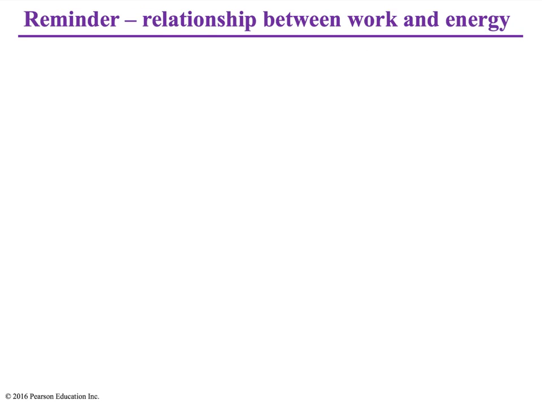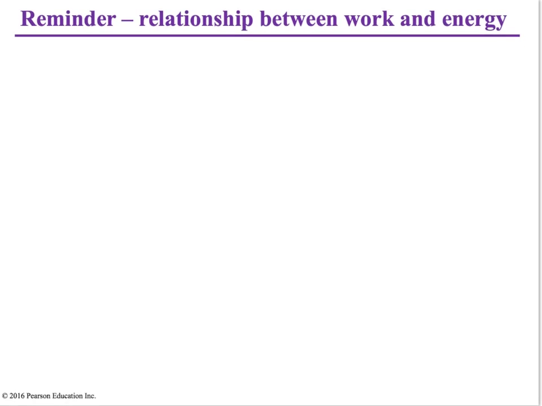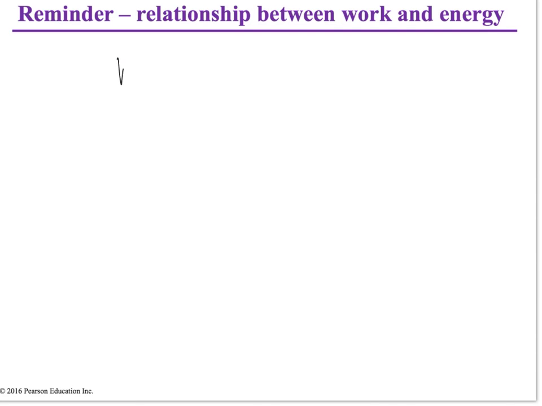So just as a reminder from last semester, we talked about the concept of work. Work was expressed as the dot product of a force and a displacement. And in the cases where the force was not always constant or didn't have a constant orientation relative to the displacement, we could do that calculation in an integral of F dot ds.